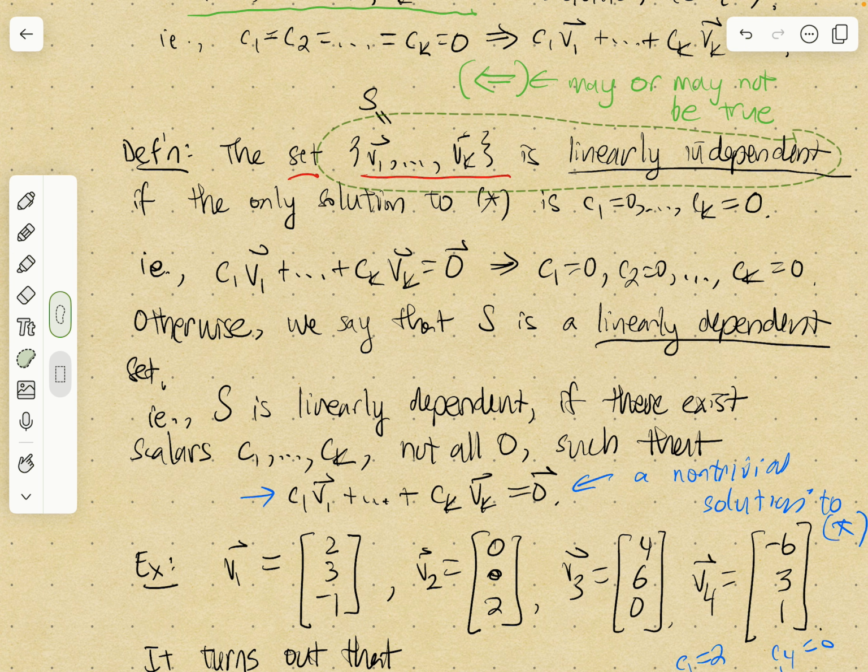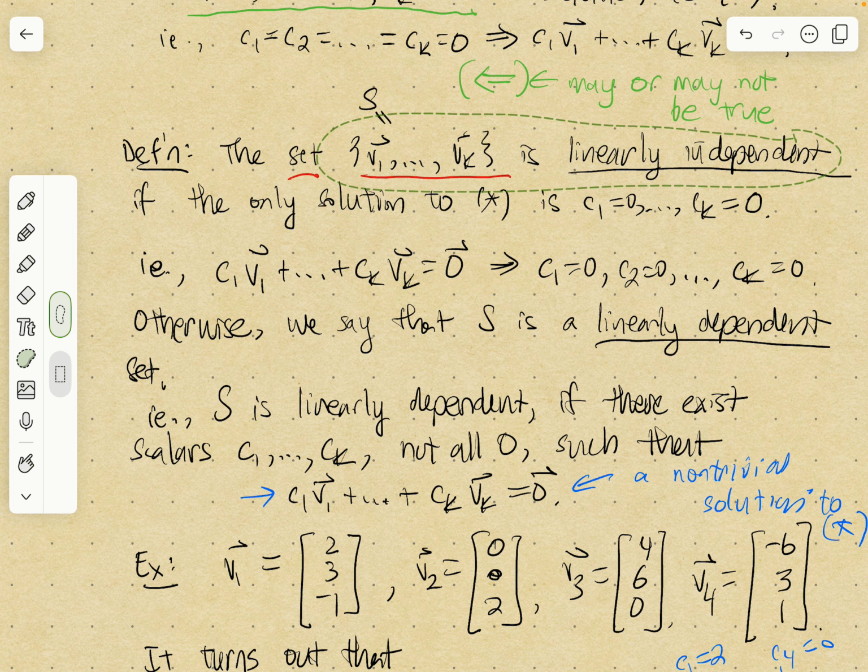But when someone says v1 through vk are linearly independent, it doesn't mean that each of the vectors is linearly independent. This is a quirk of the English language. If someone says the pencils are yellow or the bears are brown, what that means is each pencil is yellow, each bear is brown.